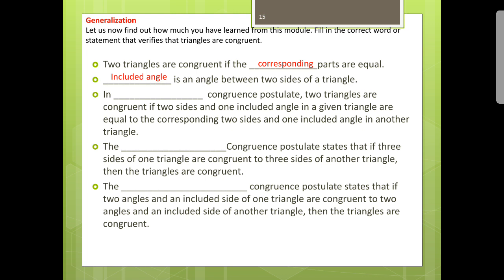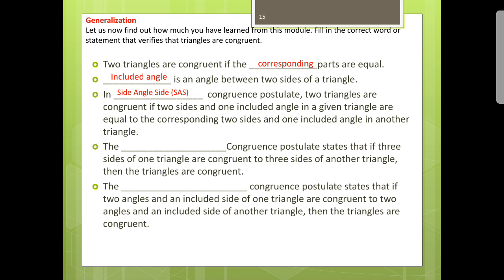In blank congruence postulate, two triangles are congruent if two sides and one included angle in a given triangle are equal to the corresponding two sides and one included angle in another triangle. So what do you think? It is side angle side, or SAS.